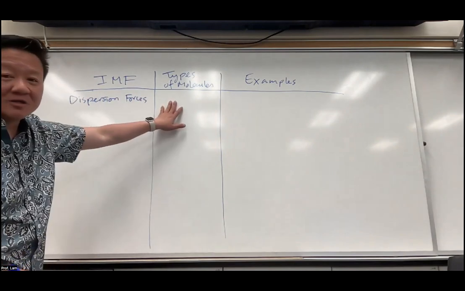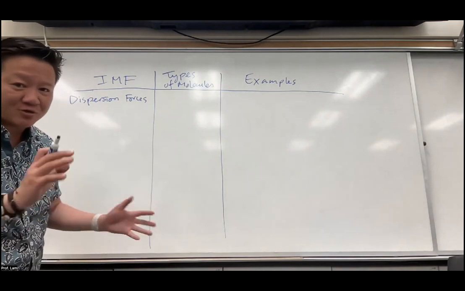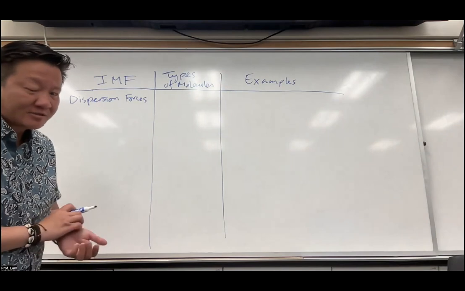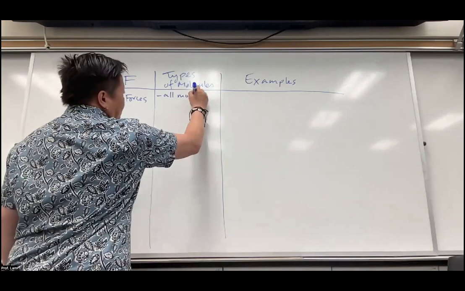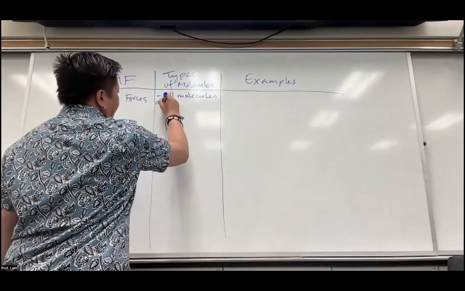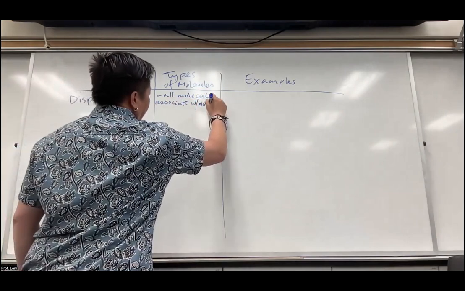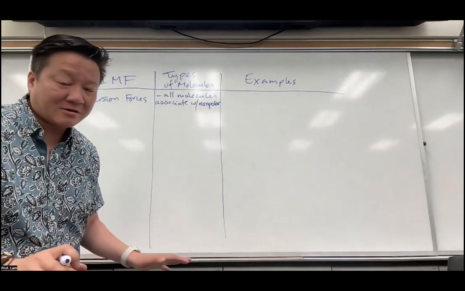What types of molecules have dispersion? Everybody. Everybody has electrons flying around in the molecule that can have an induced dipole. So all molecules. But we associate nonpolar with dispersion because nonpolar has nothing else.